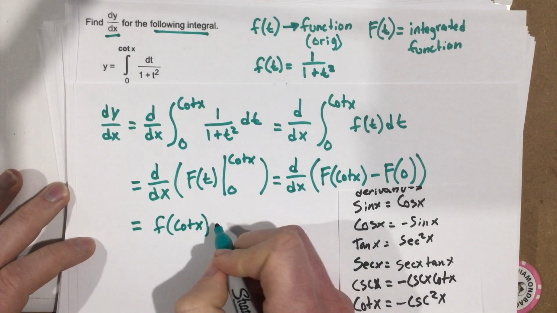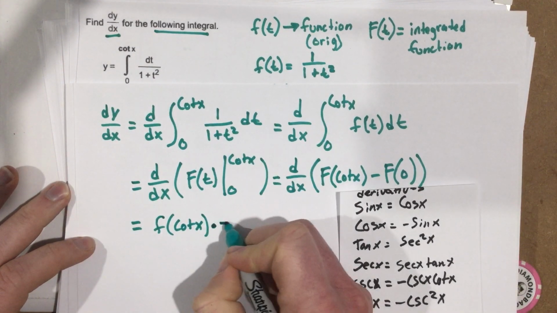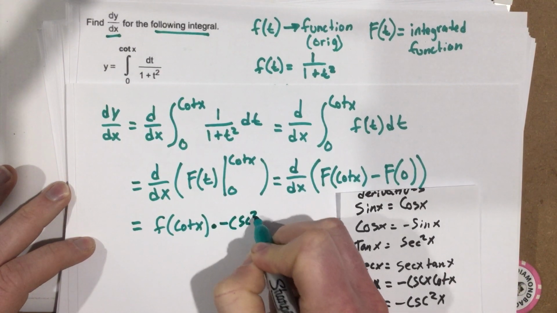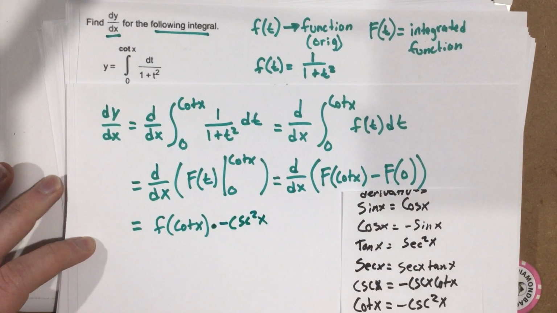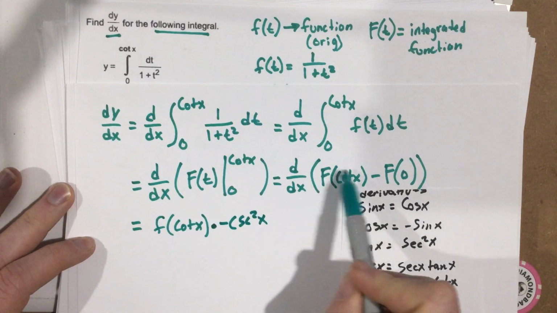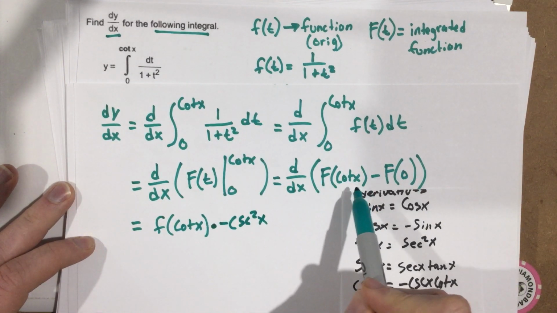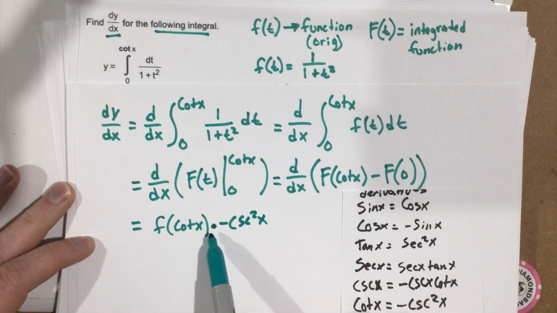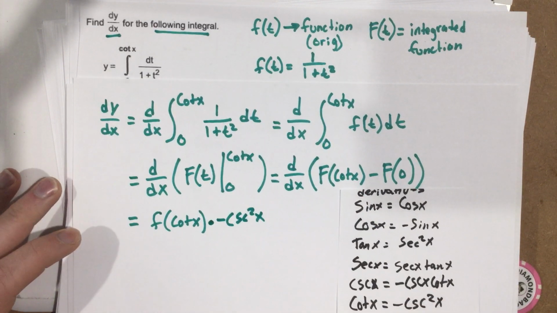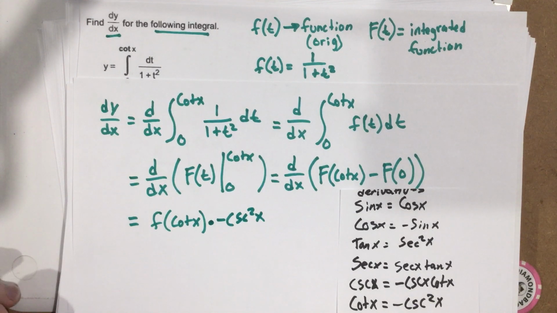So I can write this as times negative cosecant squared x. So the derivative of my integrated function F of cotangent x is the original function f of cotangent x times the derivative of the inside, which is negative cosecant squared x. I got to use chain rule there.